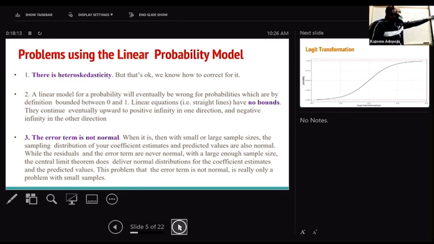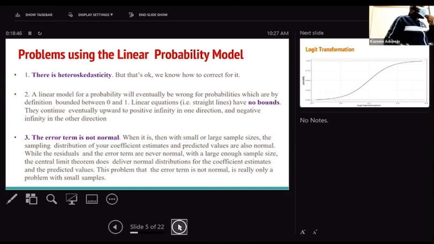Do you know that when you use a conventional linear regression, your prediction can be outside this range? You could have a negative prediction, or something more than 1. That doesn't really make sense, because the range of the categorical response should be between 0 and 1. Using the linear probability model, your prediction is going to go outside this range.